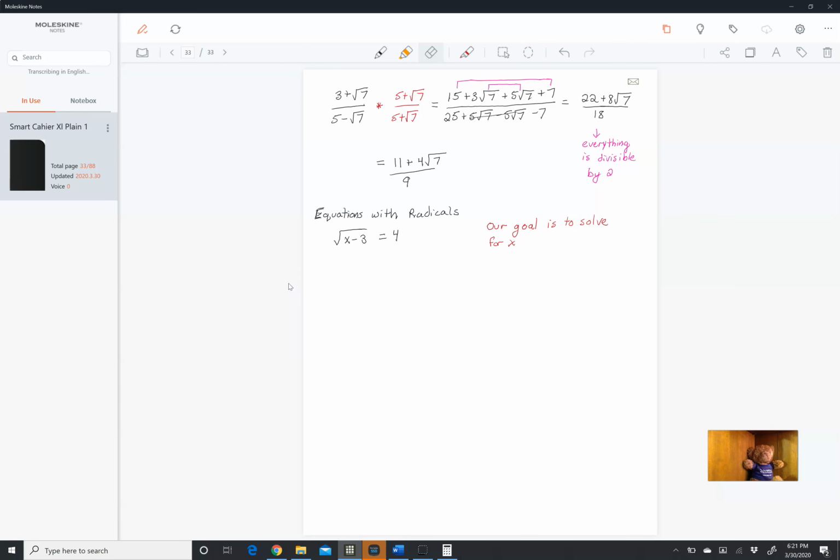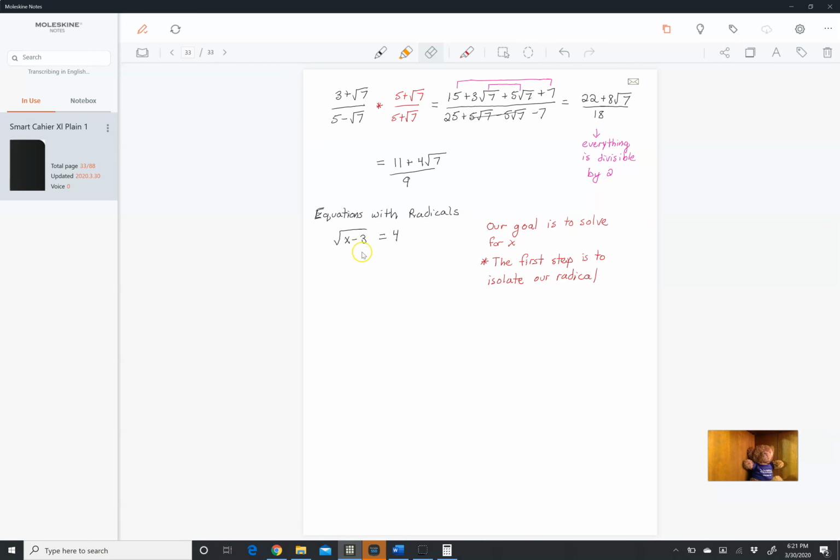So just like before, our first step is just isolate our radical. So our radical is already isolated here, so we don't have to worry about that in this particular problem.